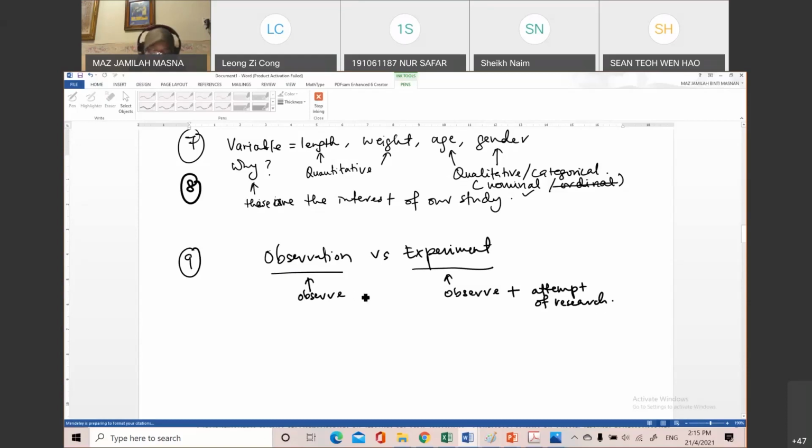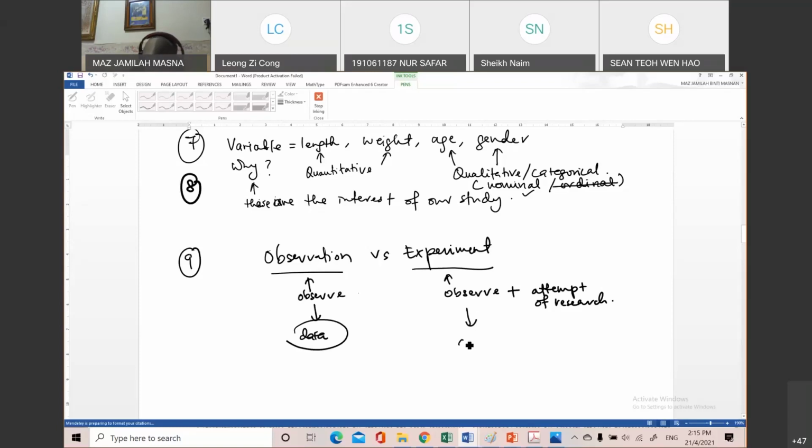Here you just observe. If you look on the page at the explanation between the observational and experimental, you can see clearly the difference between the data that you get from your observation and that you get from your experiment. In terms of data here, everything is based on your observation.